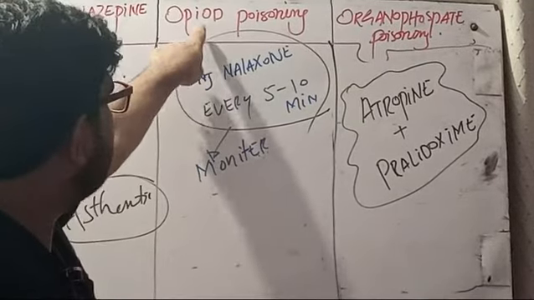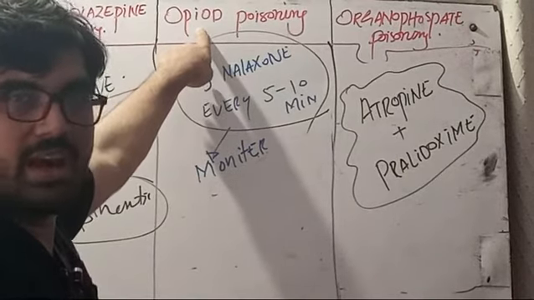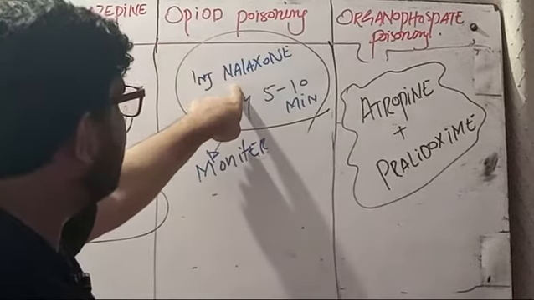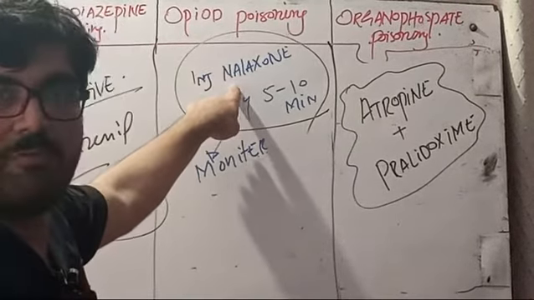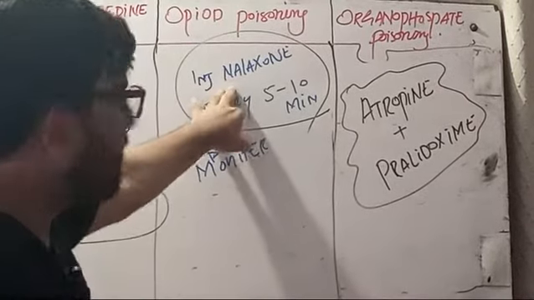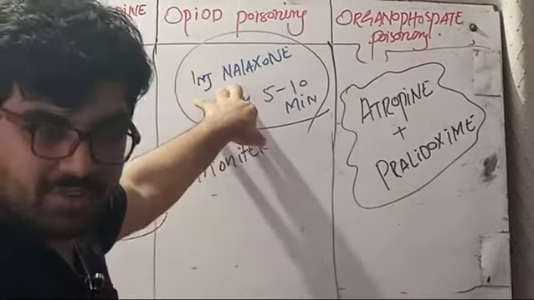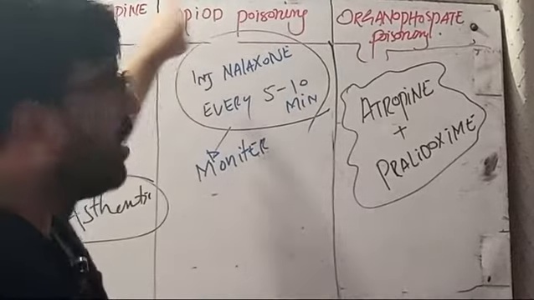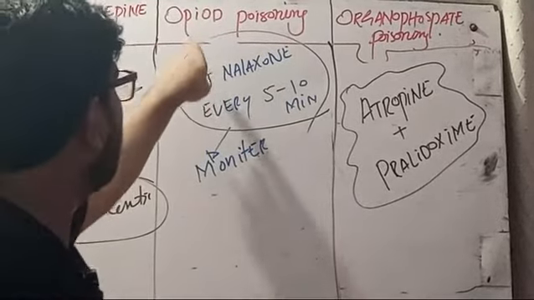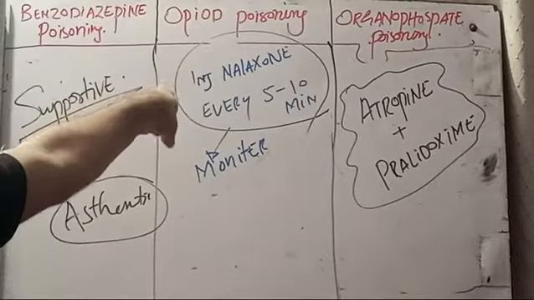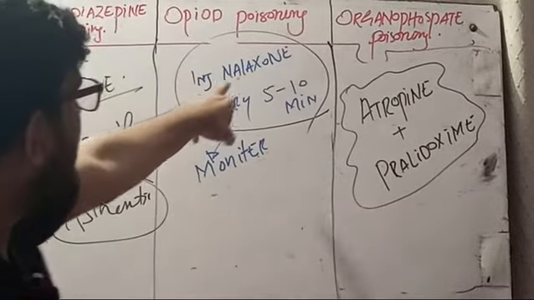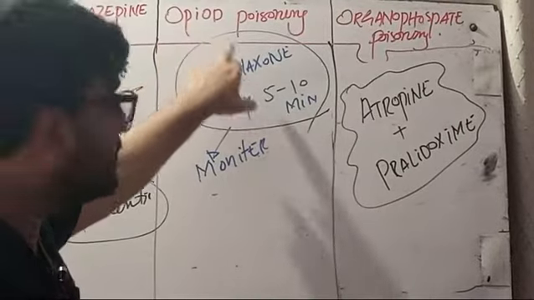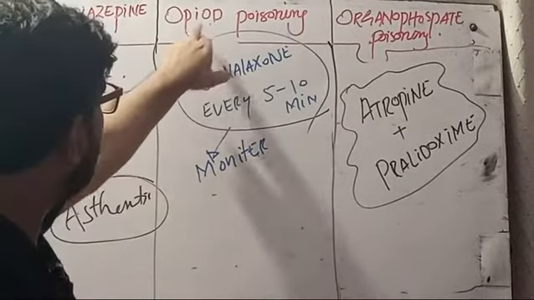Let's suppose the half-life of the opioid is 20 hours and the half-life of naloxone is 1 hour. If you are giving 5 injections, you can give coverage for 10 hours, but for the rest of the 10 hours there can again be recurrence of symptoms. So you have to monitor the patient for recurrence of symptoms, long half-life versus short half-life.